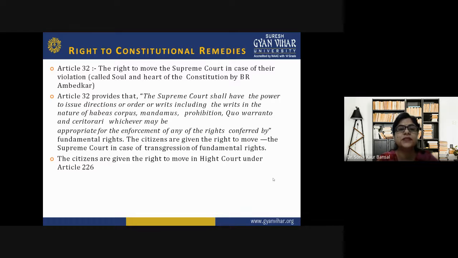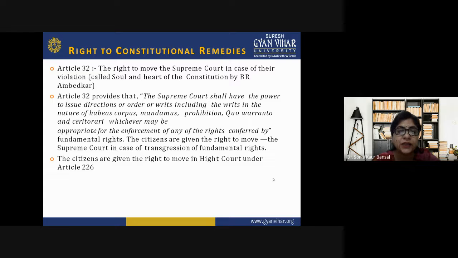Now, students, this is about the right to constitutional remedies. This is also very important, and it is the right to move to the Supreme Court in case of their violation. Article 32 is related to that. It is also called the soul and heart of the Constitution by Dr. Bhimrao Ambedkar.